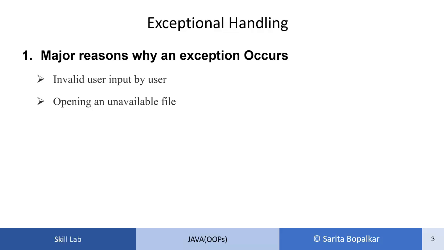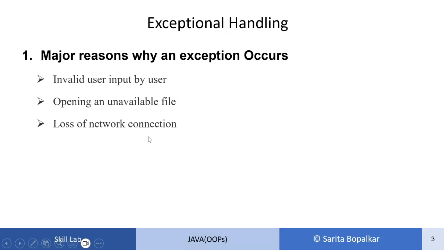Then opening an unavailable file. The program wants to read data from some file and the user deleted that file. Then loss of network connection. The program needs to access the internet, but the user does not have an internet connection or there is a loss of connection. In that case also you will find a runtime error or exception.